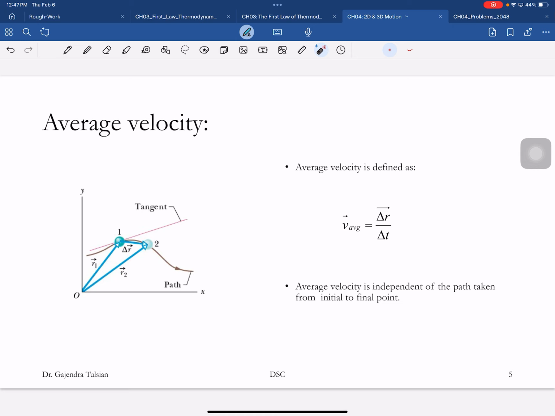So for instance, if you went from here to there in 1 second, and your buddy went from here to there in 10 seconds, your average velocity is greater. So smaller the time interval, greater your average velocity. Even though your average velocity will point in the same direction, the magnitude is different depending on the time over which that distance is covered.